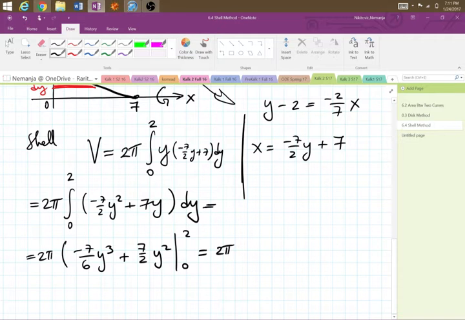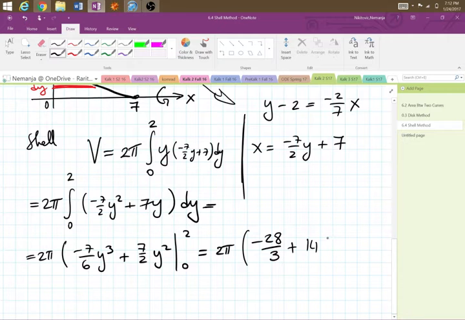And now we plug in 2, so that's 8, cancel one of these, so 3, so 4, so negative 28 over 3.